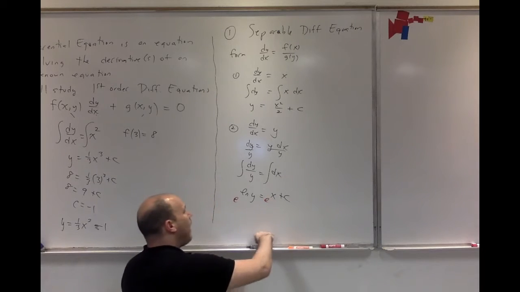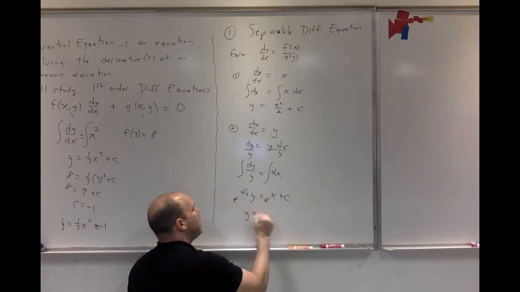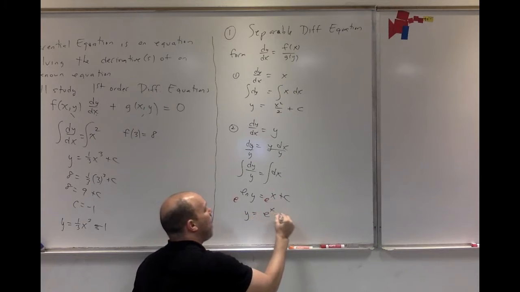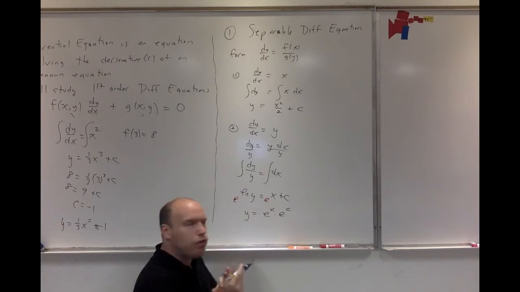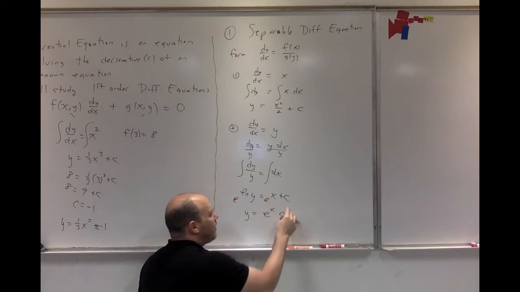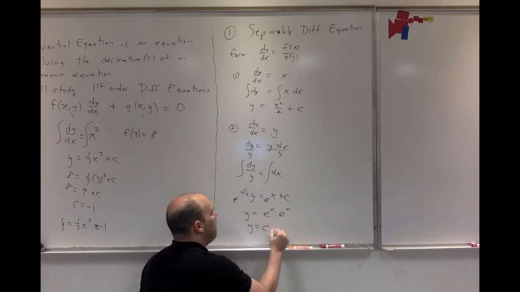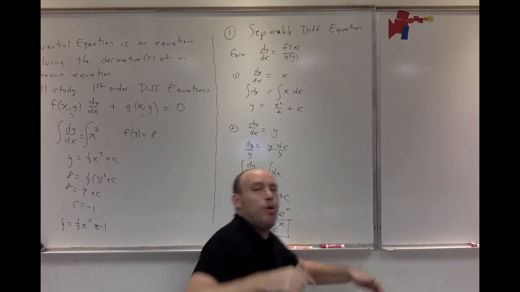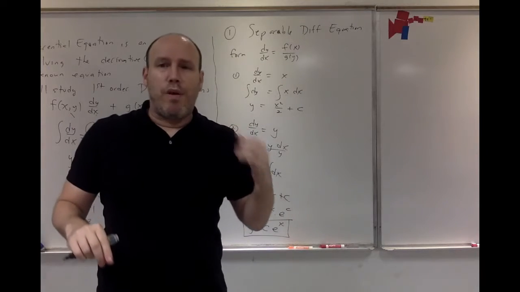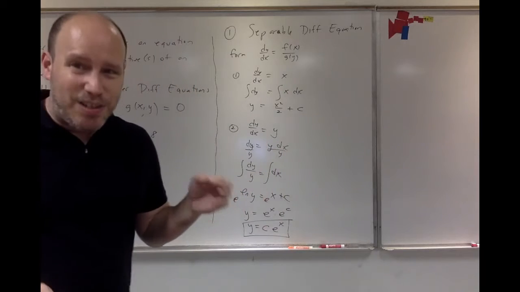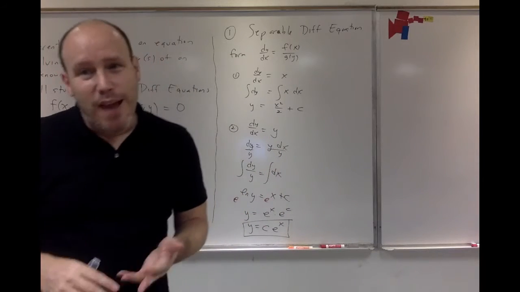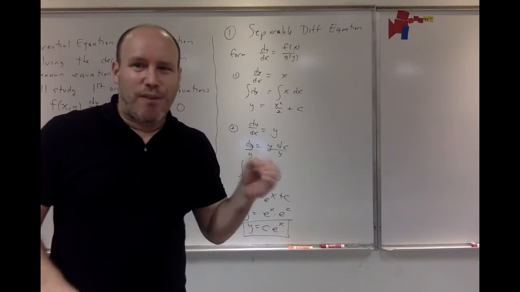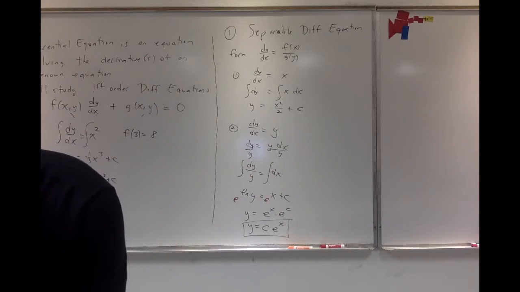So I now have y is equal to e to the x times e to the c, using the exponent rules. But you know what? I'm going to make this e to the c simply c, so y equals c e to the x. And hence, we just proved that y equals c e to the x, and the function and its derivative are equal to each other. And so you technically just solved your first differential equation. Let's move on.